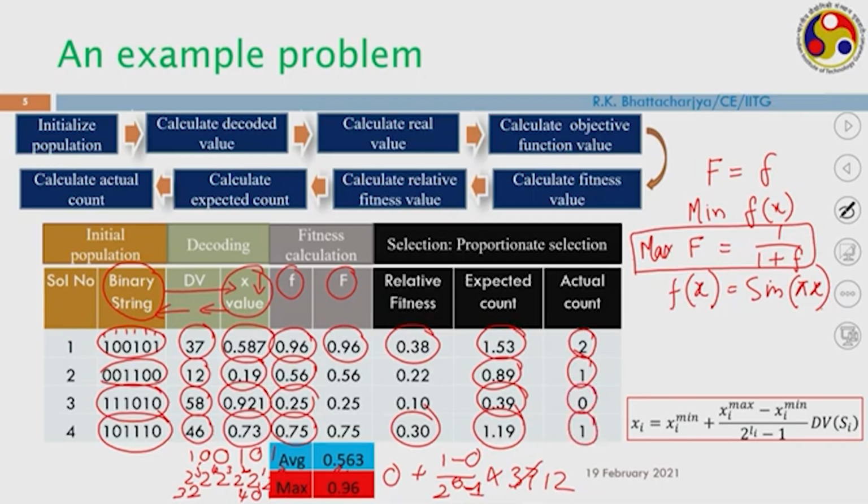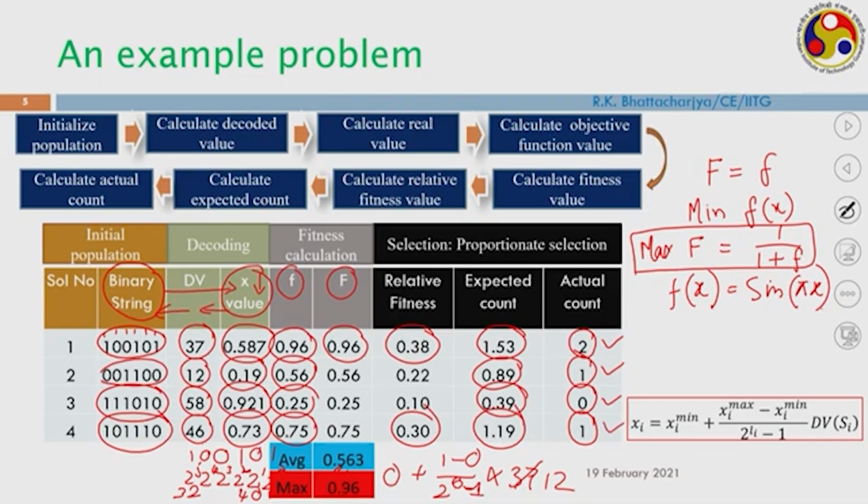So, the first solution, that is the best solution, will have 2 copies, then this one will have 1 copy, and the third one is the worst solution, so it will have 0 copies, and the fourth one will have 1 copy.